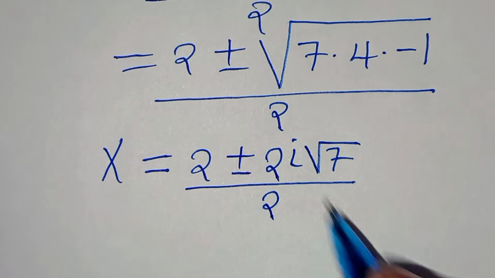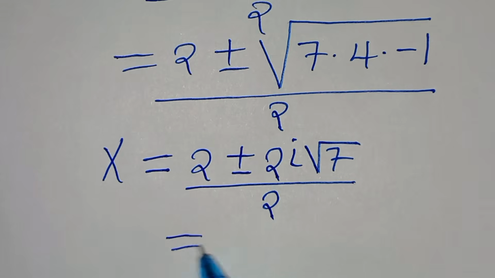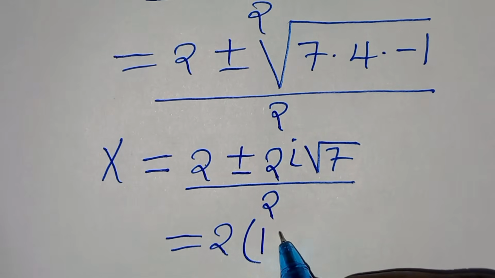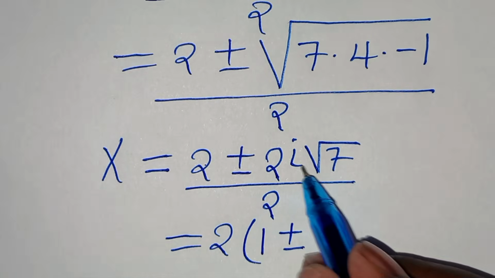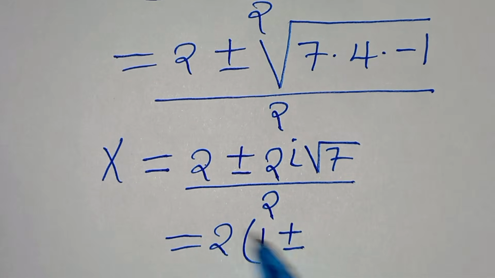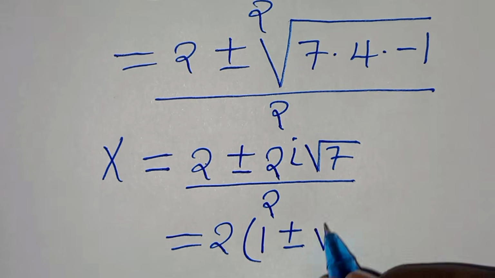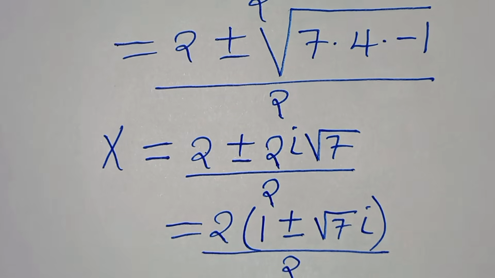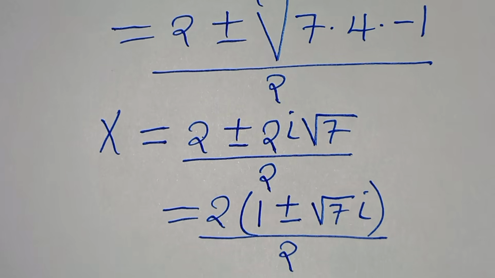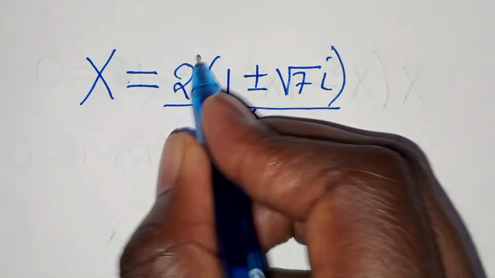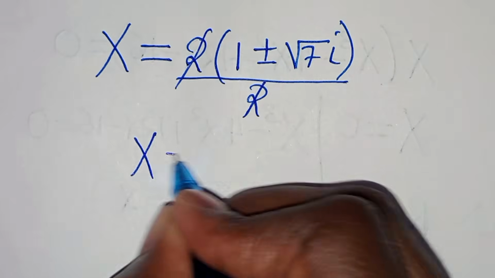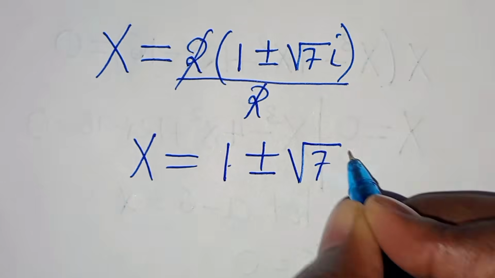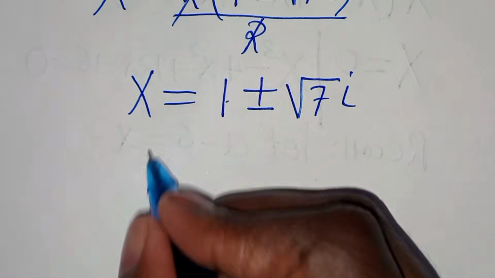In the numerator, 2 is common, so we can factor out 2 into the parentheses. 2 divided by 2 is 1, plus or minus 2i square root of 7 divided by 2, this is square root of 7i, then divided by 2. Now let's simplify 2 and 2, so that x is equal to 1 plus or minus the square root of 7i.